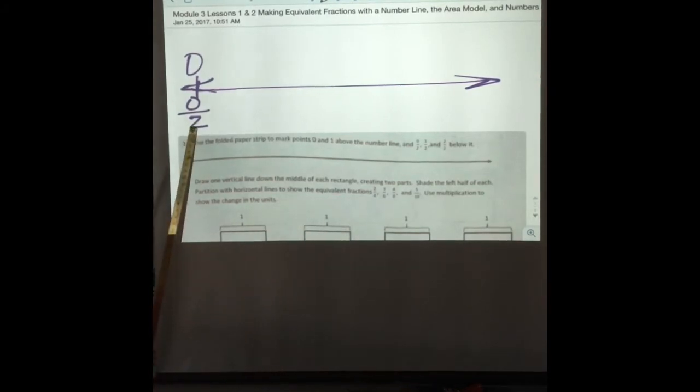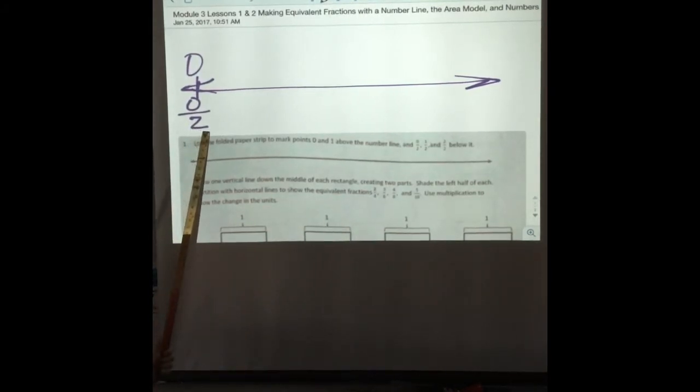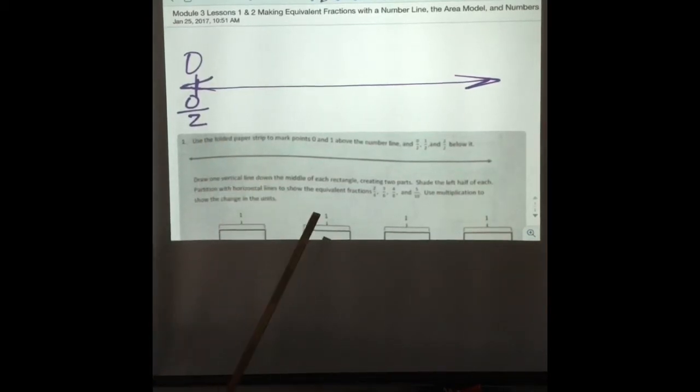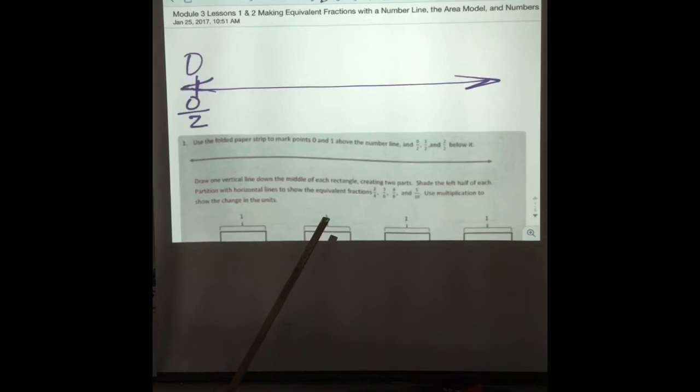When my unit of measure is 2, how many lines am I going to have? Well, that just gave you the answer. 1, 2. That's it. So, here we put a 2 and a 2.